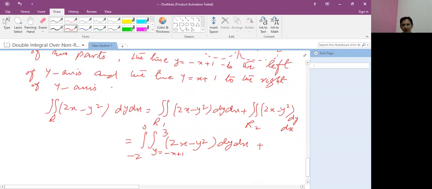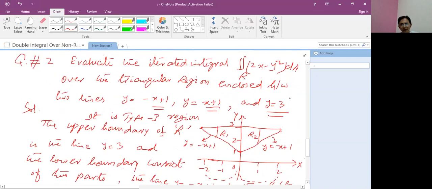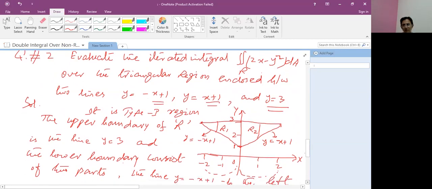If we write in this way, the limit of x is 0 to 2, because according to given diagram, the limit of x is 0 to 2 and the limit of y is x plus 1 to 3.